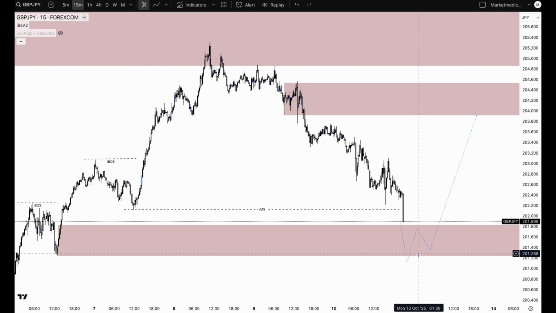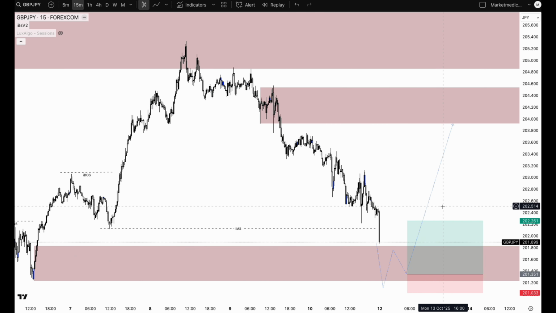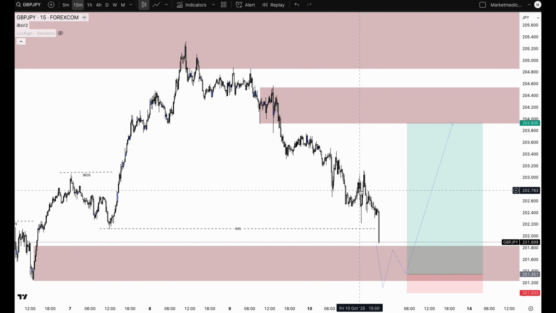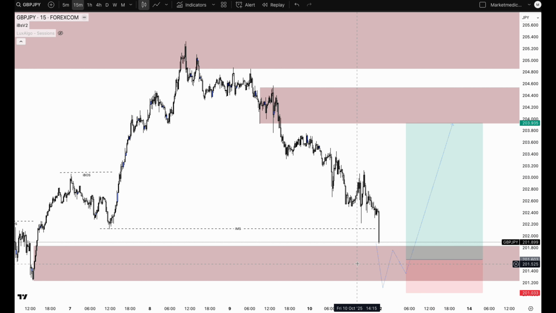But from these levels here, the market is likely to trade bullish all the way to the price of 204.000. I don't know how it's going to be, but from these levels here, from this 1-hour demand order block, we are likely to have our first trade.